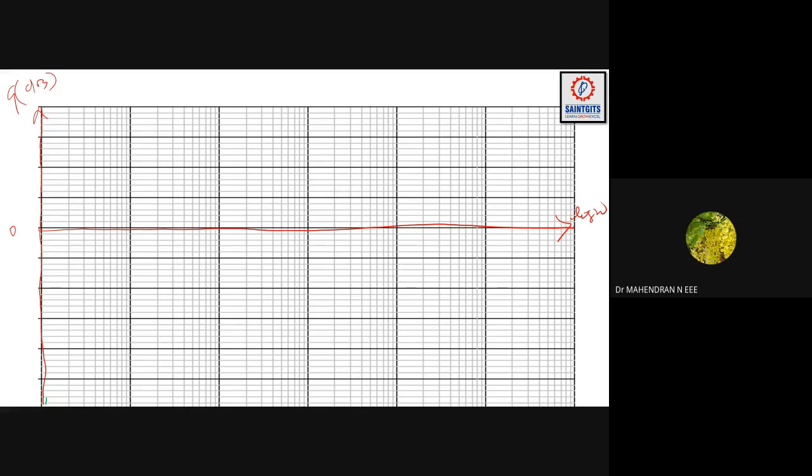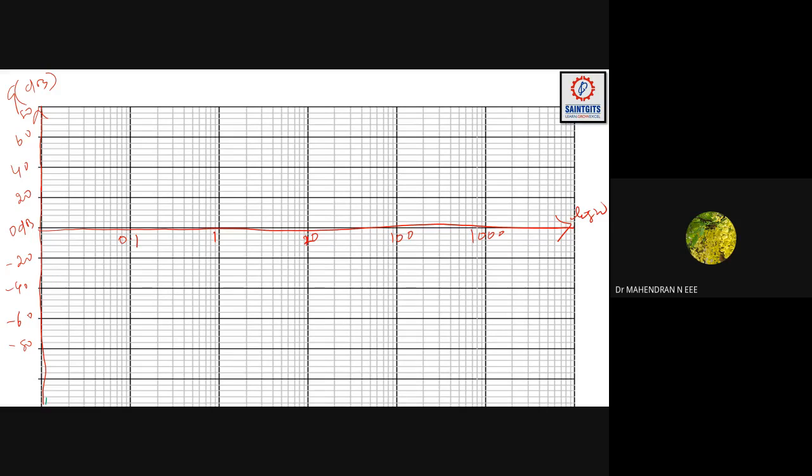Here it is 0 dB, and this is 20, 40, 60, and 80, minus 20, minus 40, minus 60, minus 80. Then the frequencies are 0.1, 1, 10, 100, and 1000.